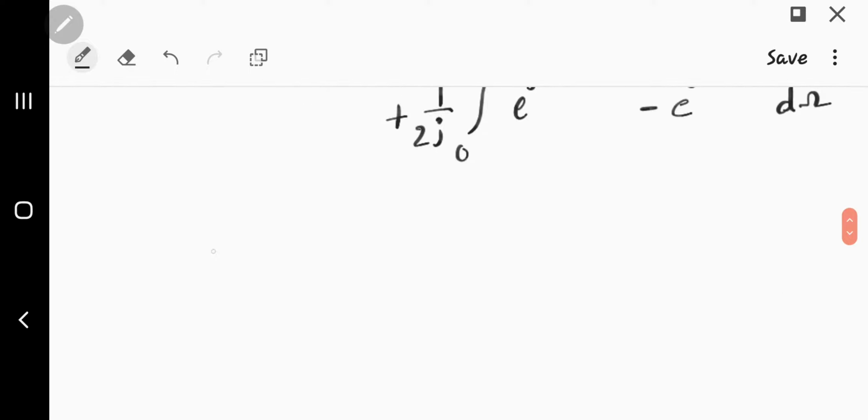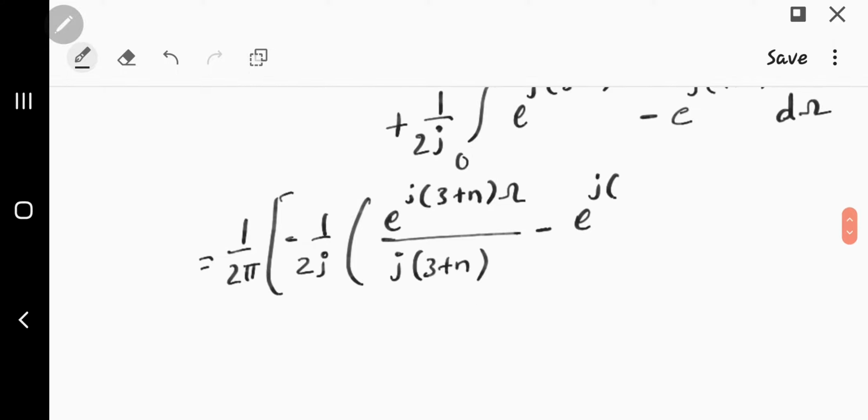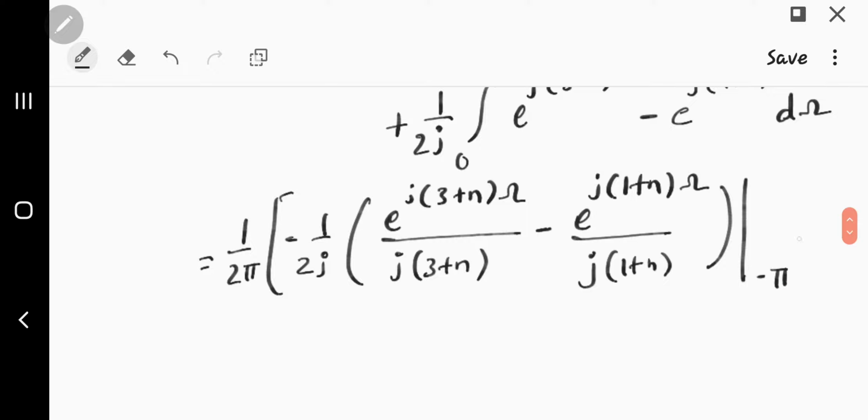Now if you integrate this, you get 1 by 2π into minus 1 by 2j. So I am writing the integration of that: e^{j(3+n)ω} divided by j(3+n), minus e^{j(1+n)ω} divided by j(1+n), and the limit is −π to 0.